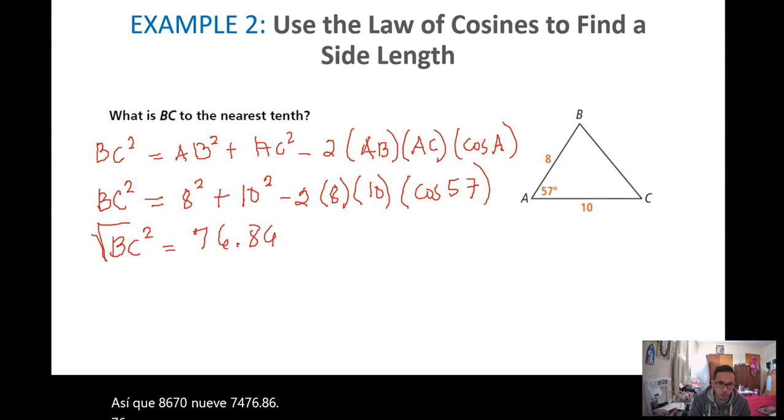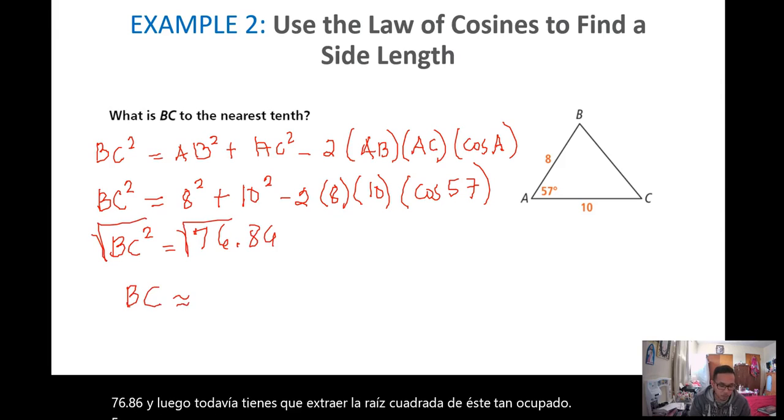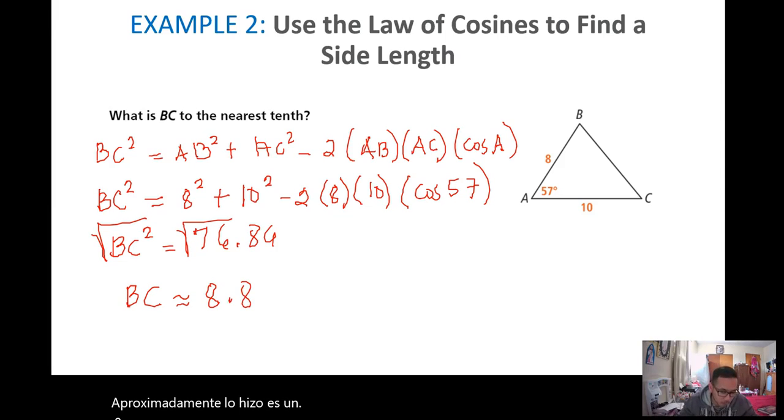And then you still have to extract the square root of this one. So BC is approximately 8.8. Okay, so BC is 8.8 units.